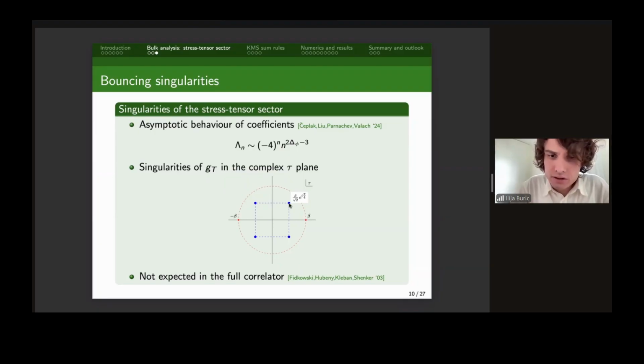But this singularity is closer, and based on some general arguments, it's not supposed to be there in the full correlator. So this is not necessarily a problem because, as I said, we are only looking at the stress tensor sector of the correlator, but it is also showing that there needs to be something more to cancel this singularity in the full physical correlator. And well, in this paper by Fitzpatrick and company, they have a simple argument why this singularity is not there.